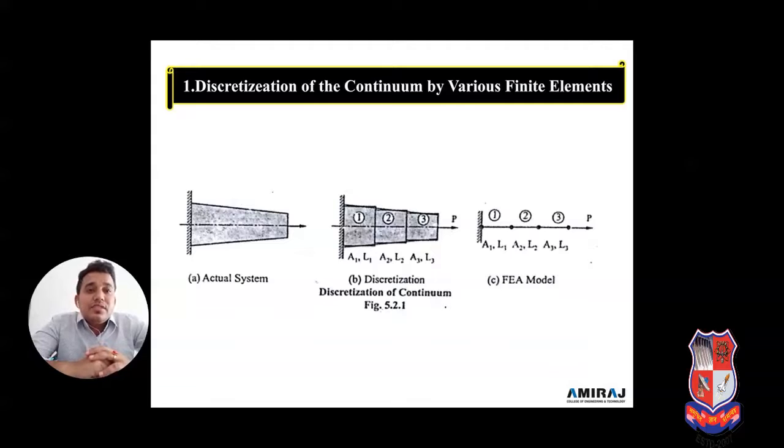The first step is discretization of the continuum into various finite elements. Now what is discretization? As per the figure, A is the actual system, meaning we have one tapered cantilever beam.